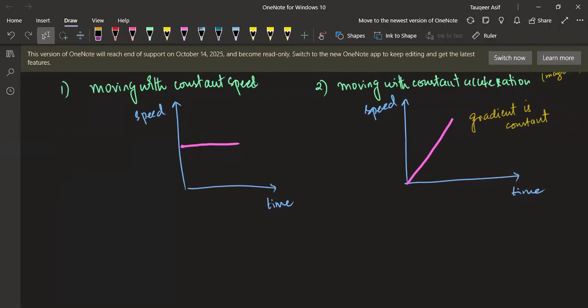Now, if I talk about the area of this region, what will I get?